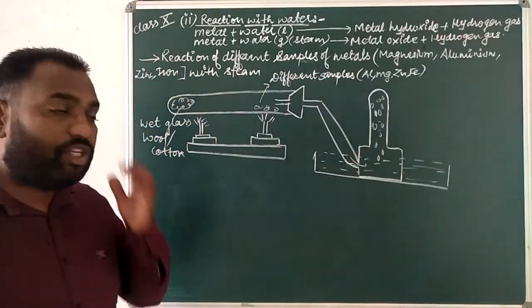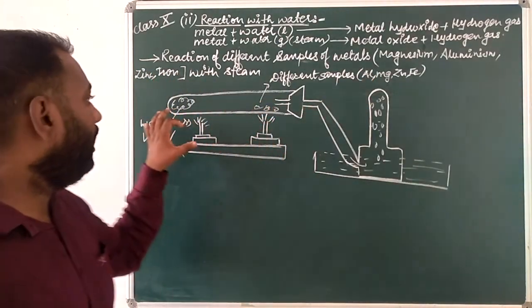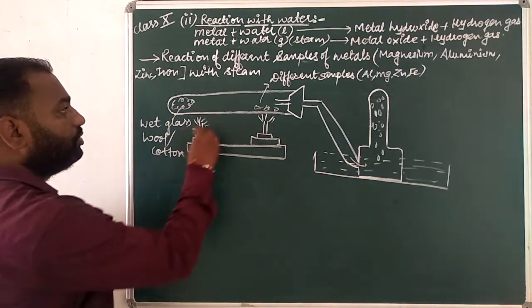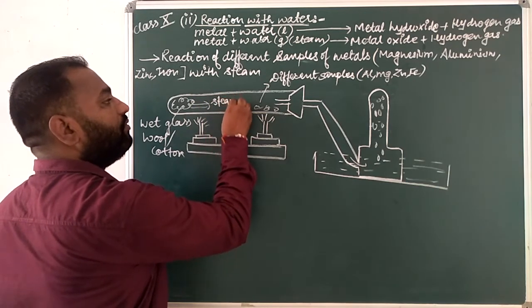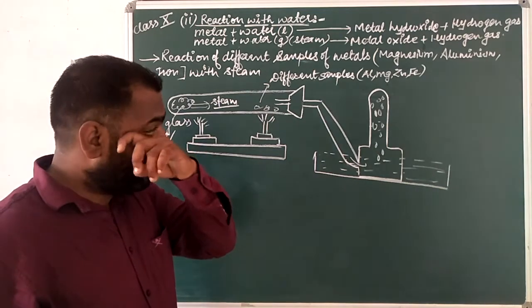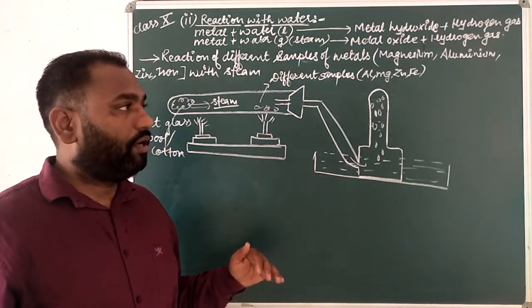Each time we place a different type of sample here, and we have wet glass wool or cotton here. Due to that there is a formation of steam, and we will see how this steam reacts with the aluminum, magnesium, zinc, and Fe, step by step.